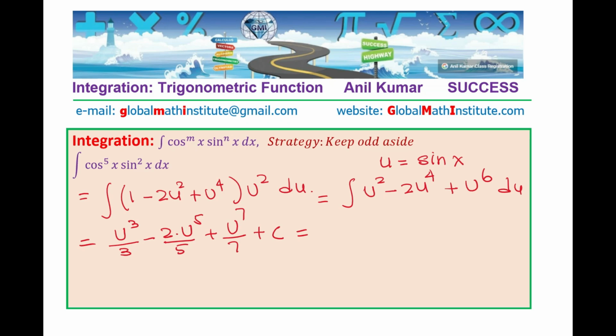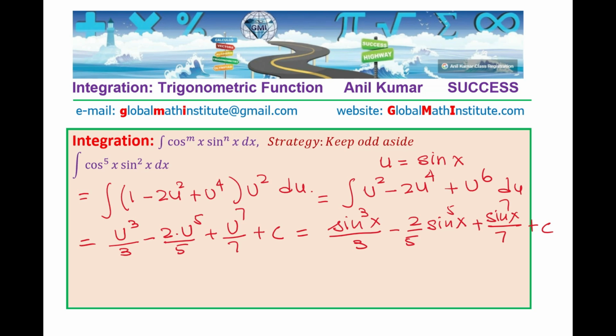Substituting back sine x for u, we get sine cube x over 3 minus 2 over 5 sine to the power of 5x plus sine to the power of 7x over 7 plus c, correct? So that becomes our solution for this particular equation.